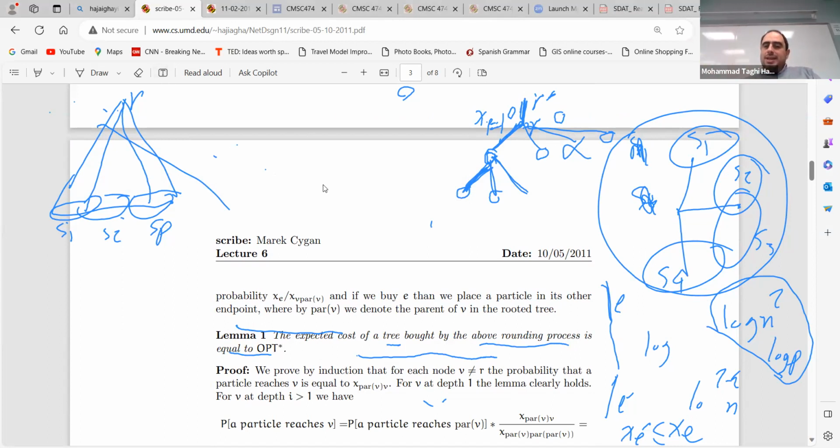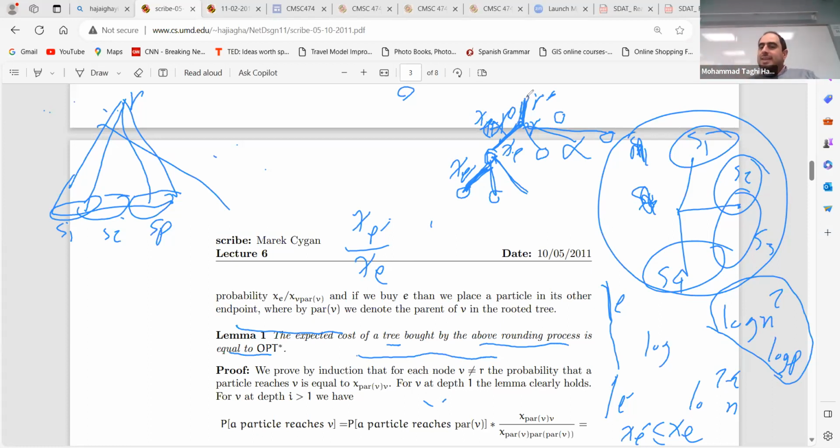So if this is X of E here, and it can be 1 here, but it's not necessarily 1. So here I have X of E, and I have X of E prime here. I will do it with probability X of E prime over X of E. As I mentioned, X of E prime is less than or equal to X of E. With this probability, I will buy this edge.